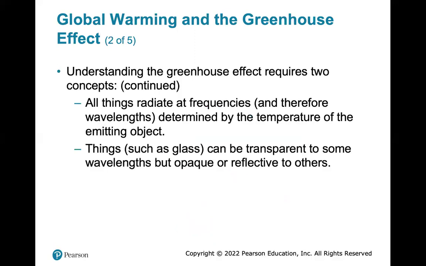Okay, all things radiate at frequencies, and therefore wavelengths, because wavelength is related to frequency, determined by the temperature of the emitting object. Things such as glass can be transparent to some wavelengths, but opaque or reflective to others. I know that one of our children had jaundice when she was born, and the doctor said, put her in the sun.